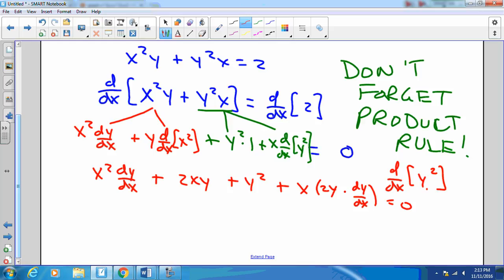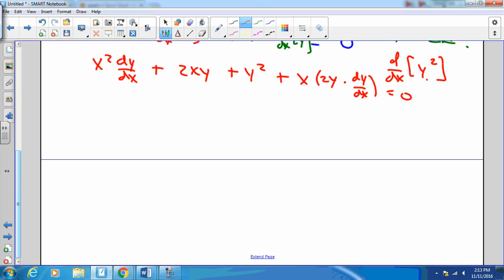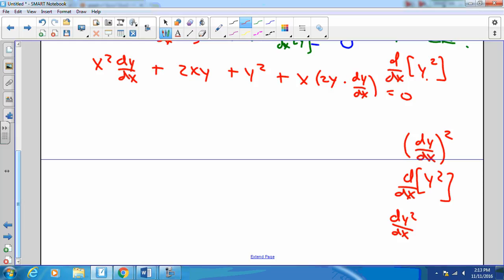Yes, sir. What about d(y squared) over dx? What's that equal to? If you ever find yourself writing things in this form right here, what does that mean?